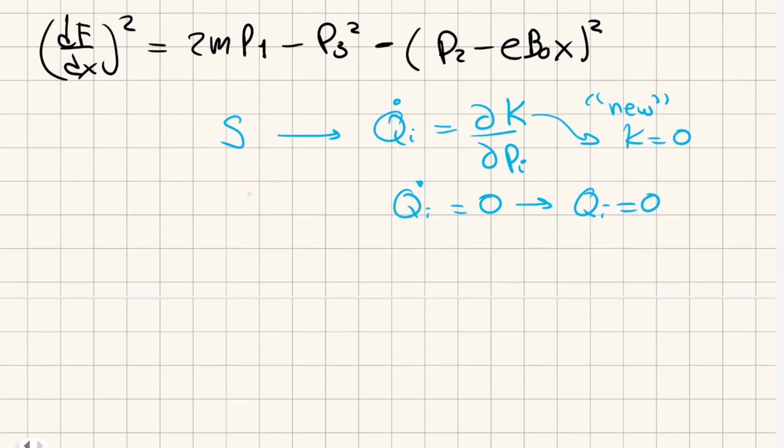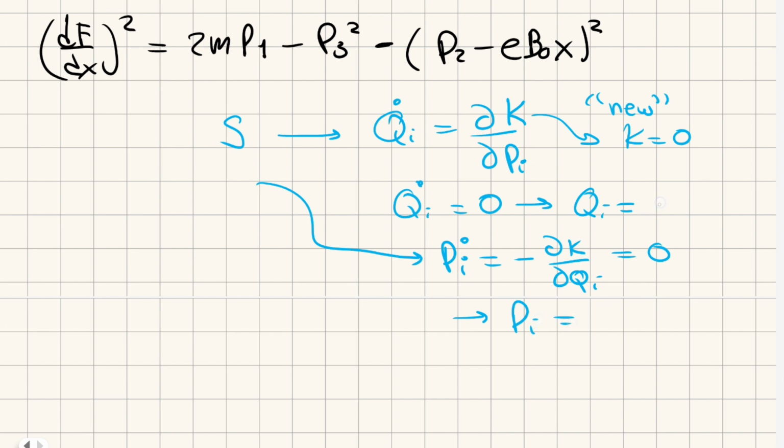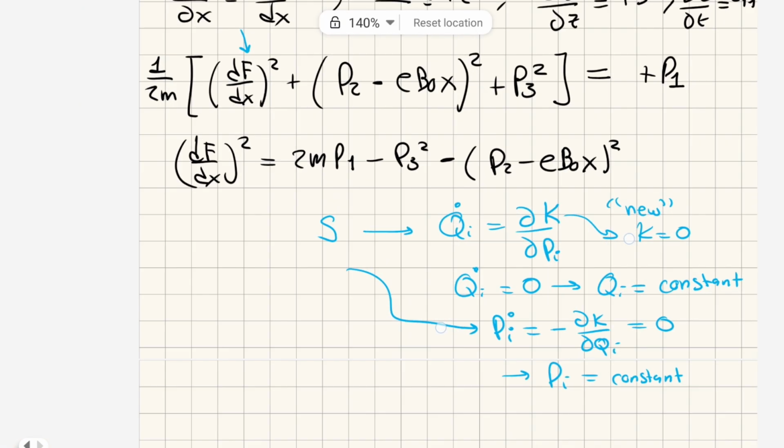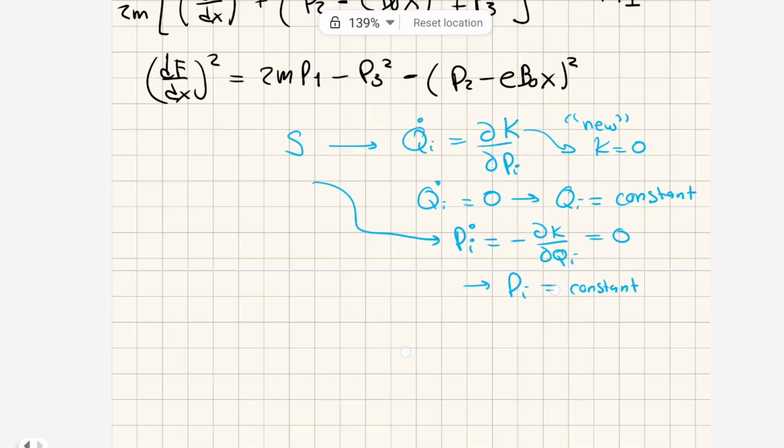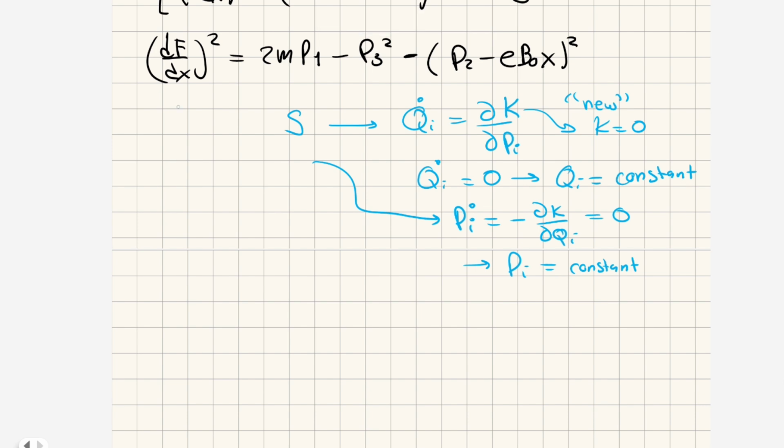The same happens with the other Hamilton equation, which is this, right? So if k is equal to 0, this is equal to 0, making that pi is, well, actually here's a constant, right? It could be 0, but in general is a constant. So it will happen the same with the upper piece. So that means, again, that p1, p3, and p2 are constants. Okay, so very easy to solve this differential equation.